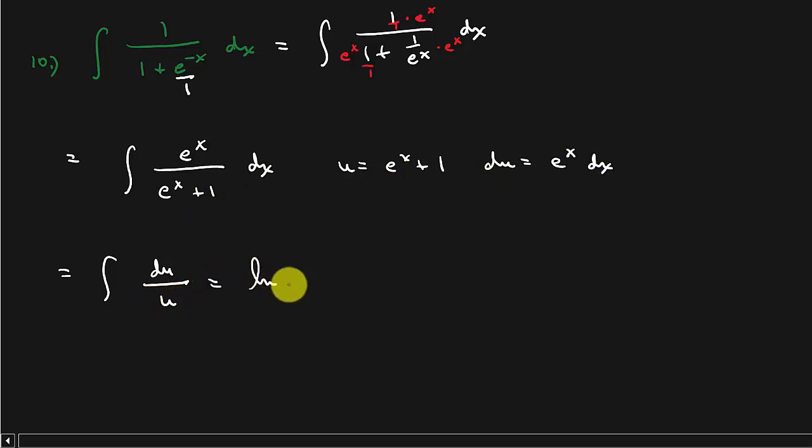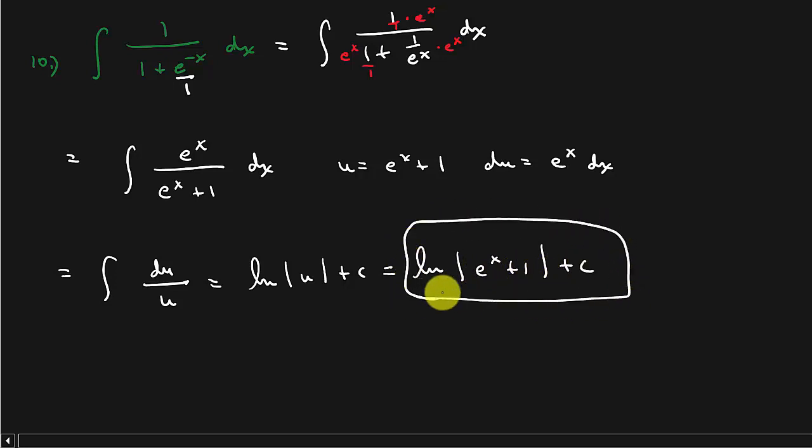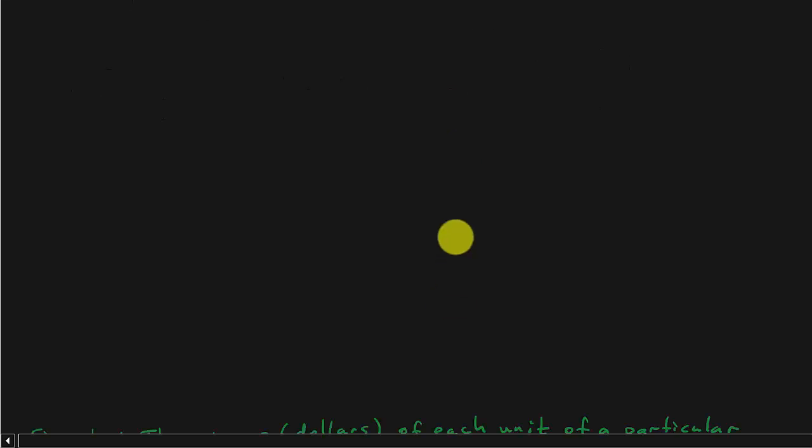And so that's just what? That's natural log absolute value of u plus c, which is natural log absolute value e to the x plus 1 plus c. I've got to get it back in terms of x, so I've replaced the u with e to the x plus 1. So, I mean, it looked like a complicated one, but it wasn't too bad.